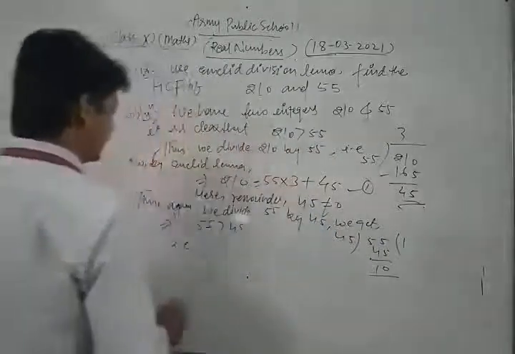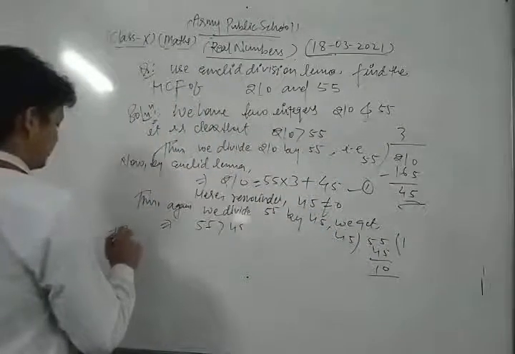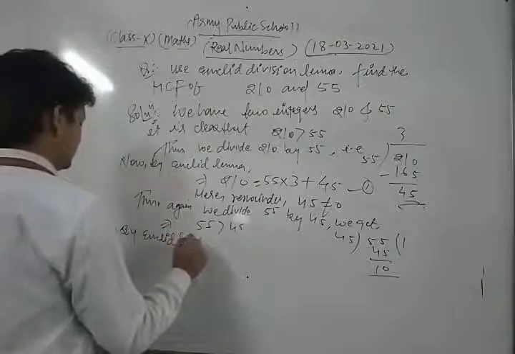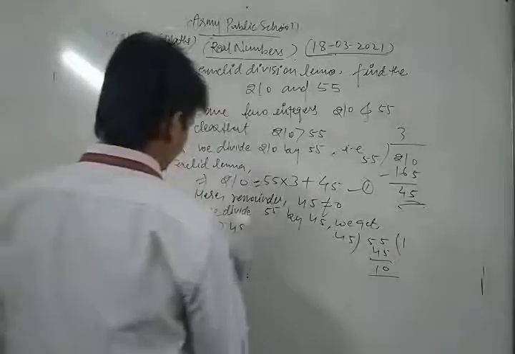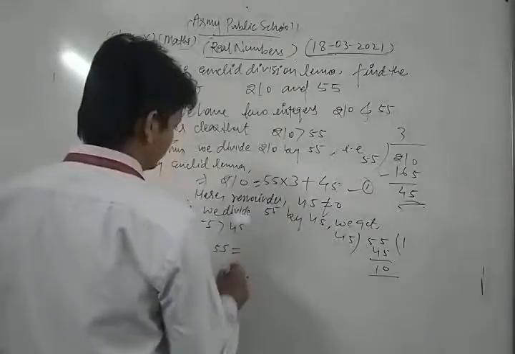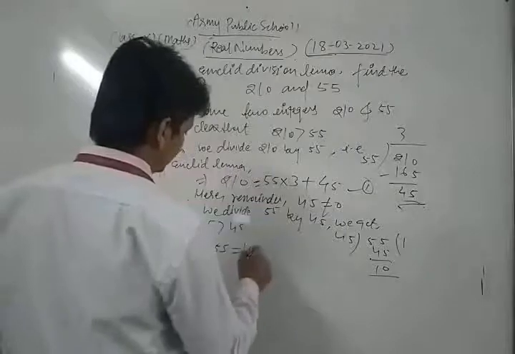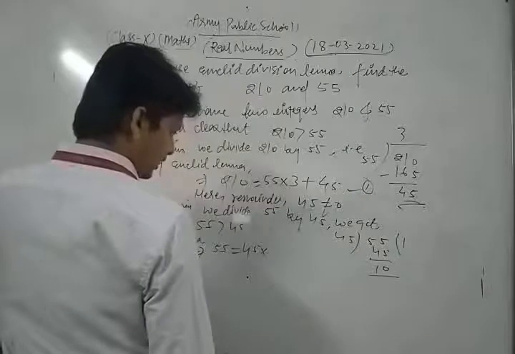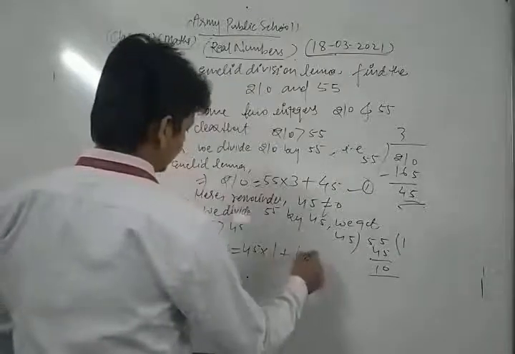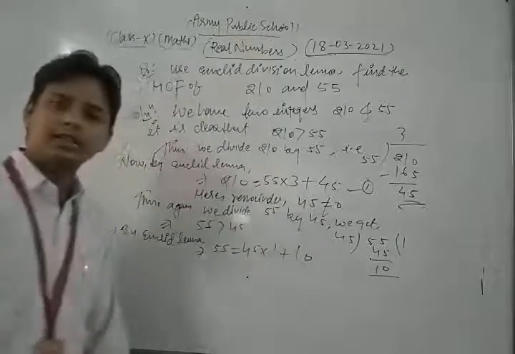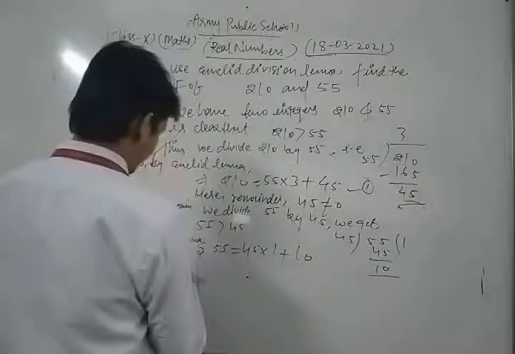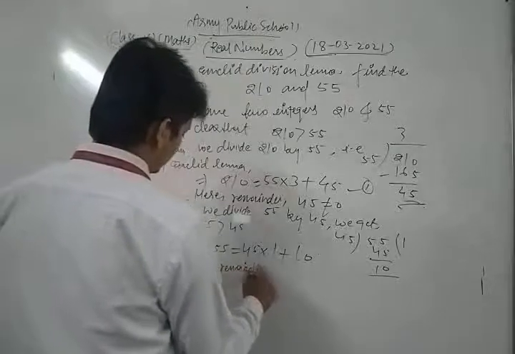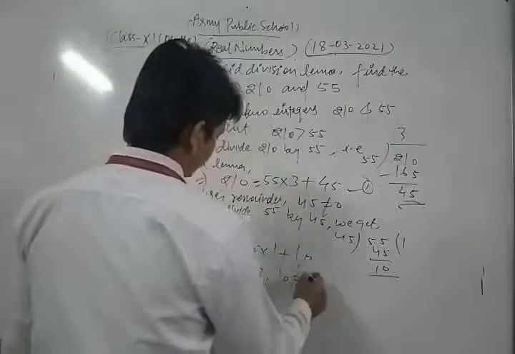So again by Euclid lemma, dividend 55 is equal to divisor into quotient plus remainder, that is 55 equals 45 into 1 plus 10. Again the remainder 10 is not equal to 0.